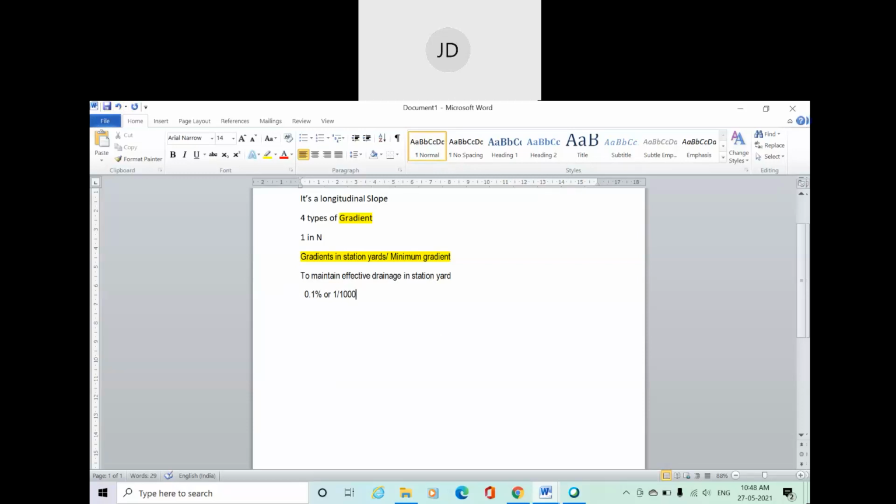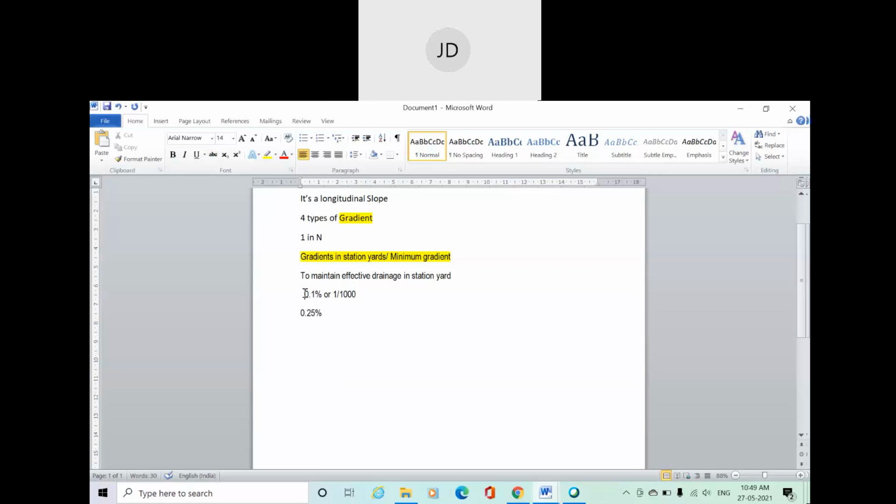And it should not be more than 0.25%. You can also cross check with your reference book, and if I'm wrong, you can also tell me about that.